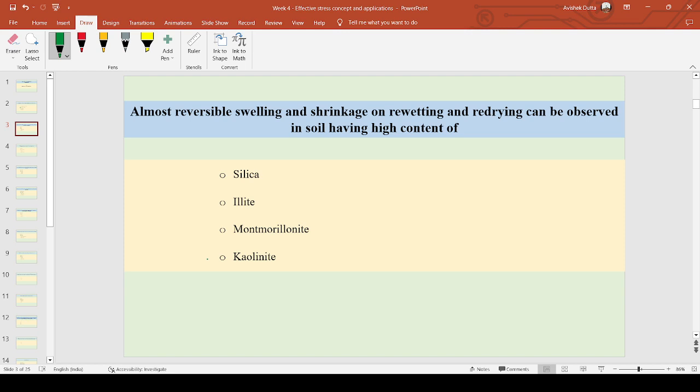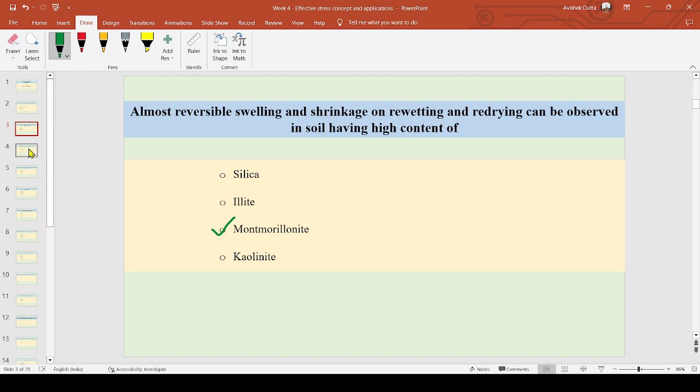A large amount of volume change can be observed in soil having a high quantity of montmorillonite. So the answer here is option number 3, montmorillonite.